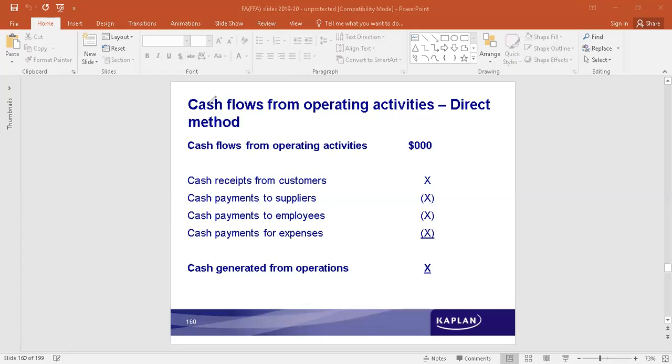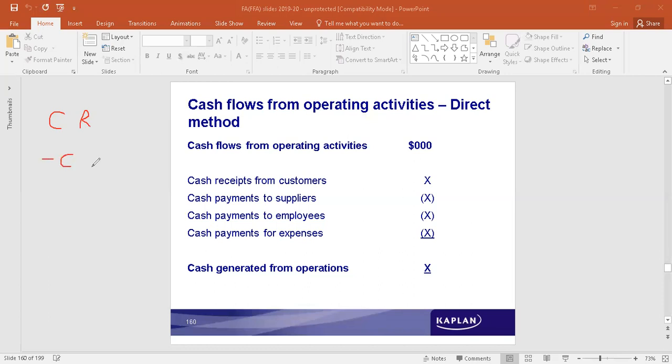So the direct method simply says: take the cash flows that are collected, take the cash receipts. From the cash receipts, deduct the cash payments.